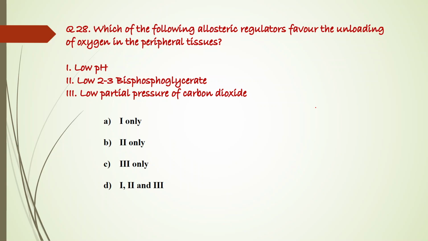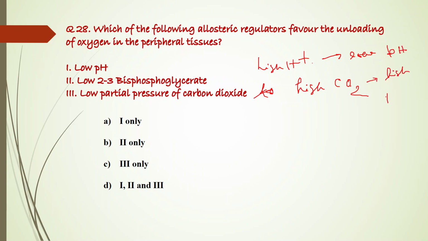That means at the tissues you have high H plus concentration as well as high CO2 concentration, because hemoglobin will release oxygen in expense of binding with H plus and CO2, the Bohr effect. So high H plus means low pH value and high CO2 means high partial pressure of CO2.